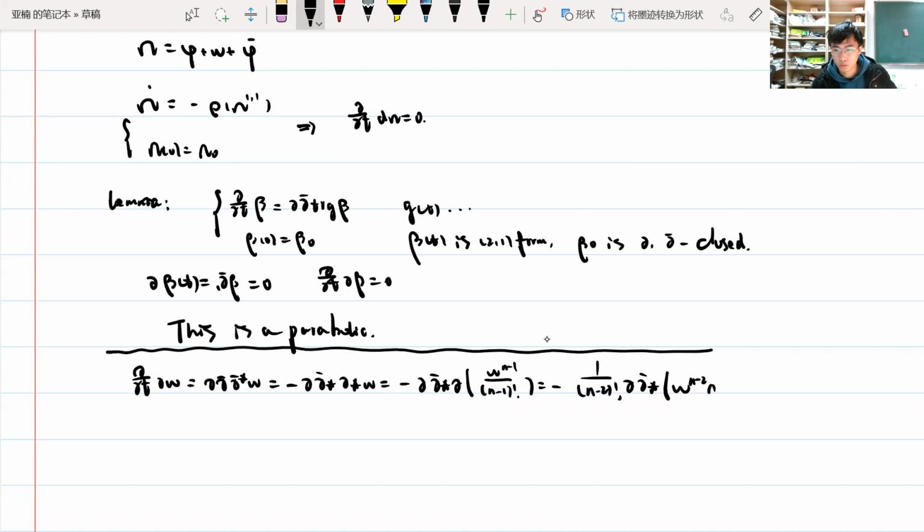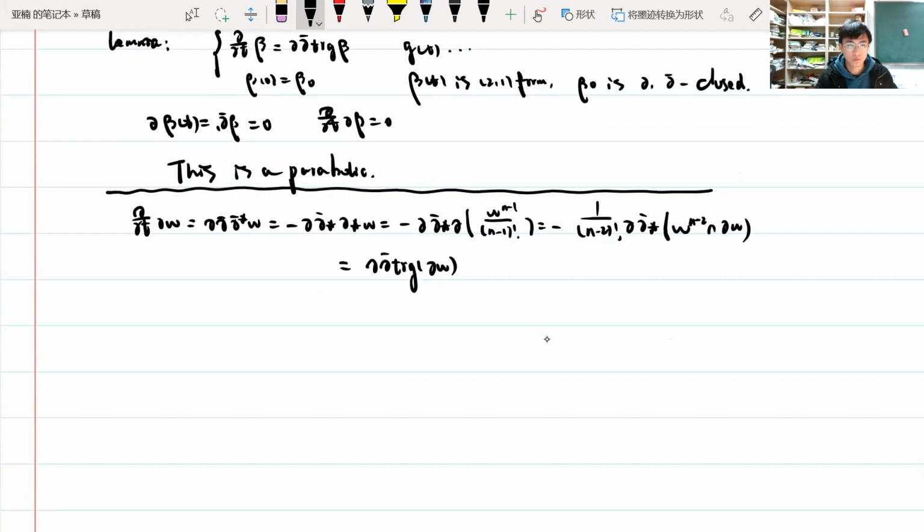And we rewrite it as minus 2 star, and use the lemma again, that is just d plus, and the evolution equation of the 2,0 part.